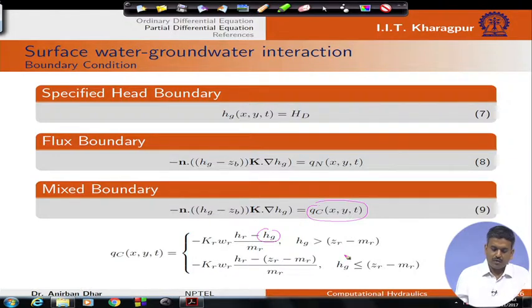So, using this Hg and Hr, we can change the flux condition. Although this kind of boundary condition is a bit complicated, it combines both specified head and flux boundary conditions.